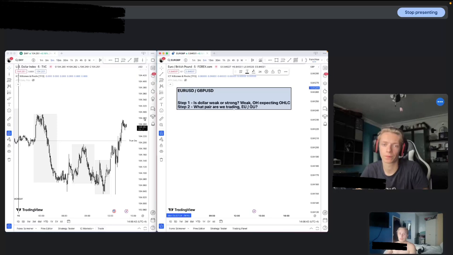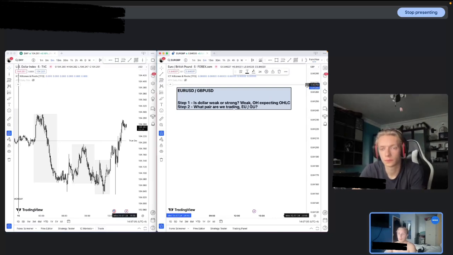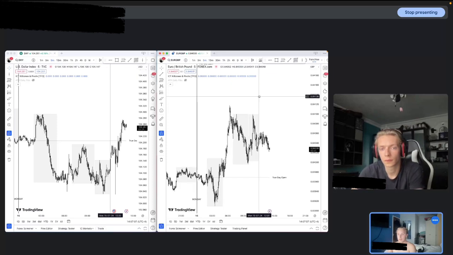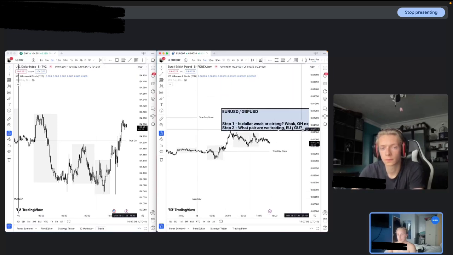Depending on what's stronger out of GBP or euro. So you see this chart here, yeah? Euro against the pound. Whatever's stronger, this is going to tell us, with the same concepts of open, high, low, close, what pair is going to be the best to trade against, right?